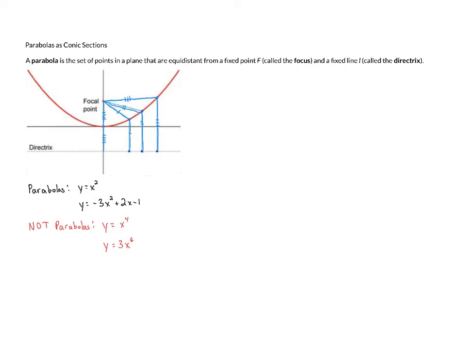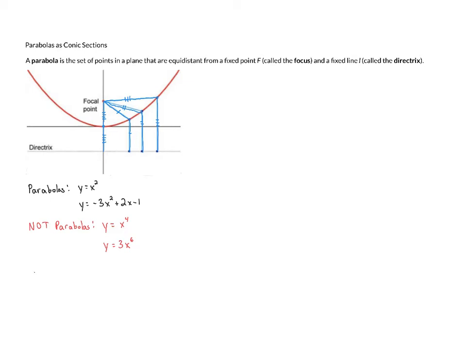And sometimes students even call these parabolas, but they are not in fact parabolas by the geometric definition. We don't have this same property of equidistant points if we were to look at the graphs of these functions down here.